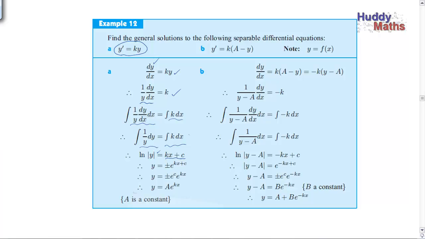Here, integrating k is kx, and the c is a constant, and here we have a as a constant. I like to put a equals plus or minus e to the c, that thing out the front. But it's pretty obvious there, isn't it?